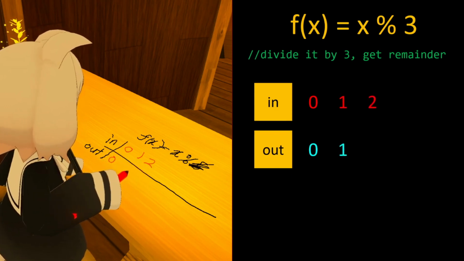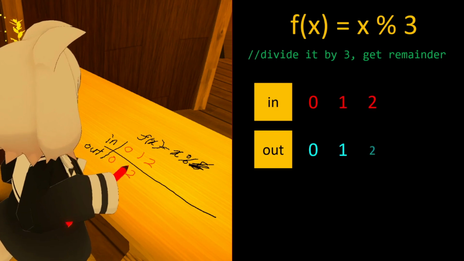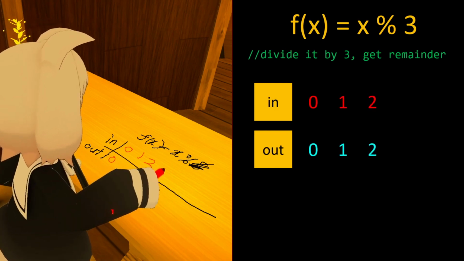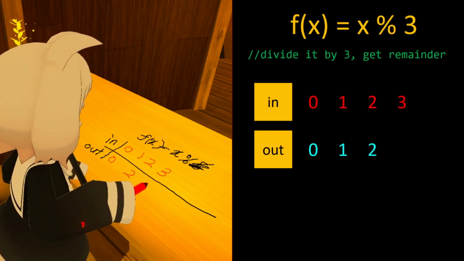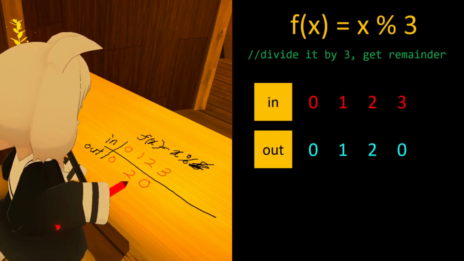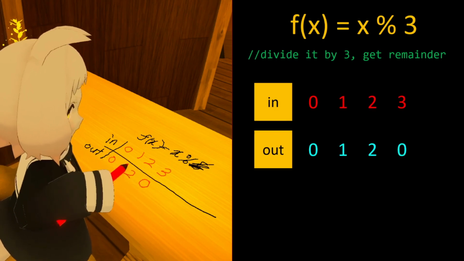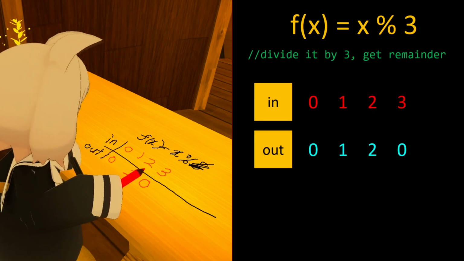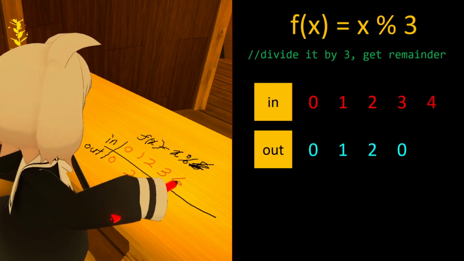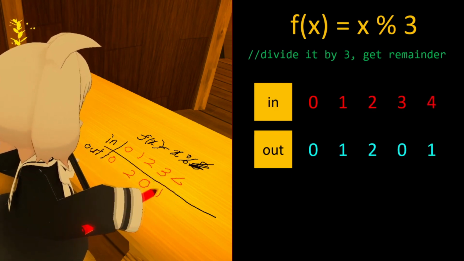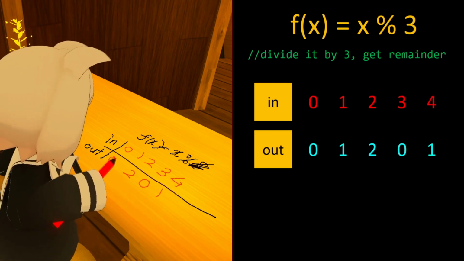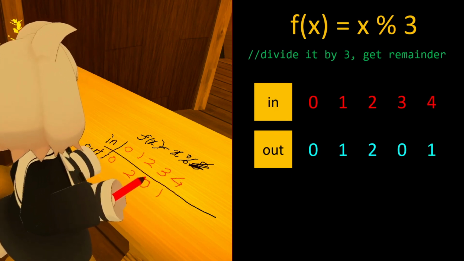Put 2 into it, gives you 2. Seems pretty fine. And then you put 3 in it, it gives you 0. Okay, for now it works fine. You put 4 in it, it gives you 1. Okay, now let's just pause here.